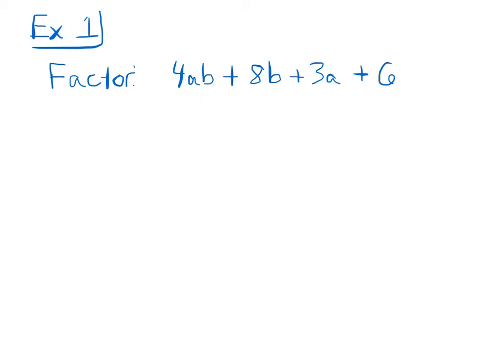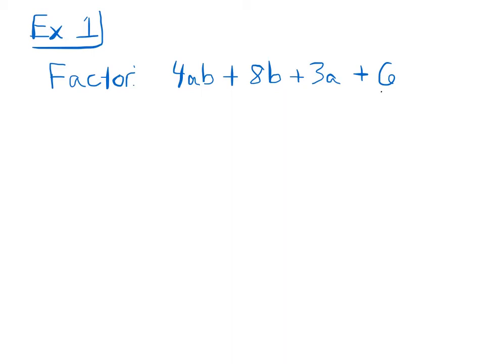So unless 3 goes into the 4, the 8, and the 6, then there's not going to be anything to factor out. And the 3 does not go evenly into 4, so we know that we can't factor out any number. And then we should look, well, do they have any variables in common? And the answer is clearly no, because the 6 over here at the very end doesn't have any variables with it. So we can't factor out any variables.